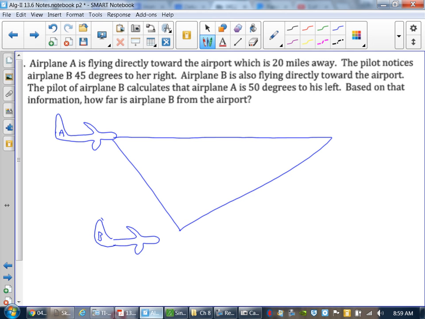What's that angle then? That's 20. What do you do to find out how far away it is from the airport? Do I need that angle? I'm trying to figure out how far away it is from the airport.